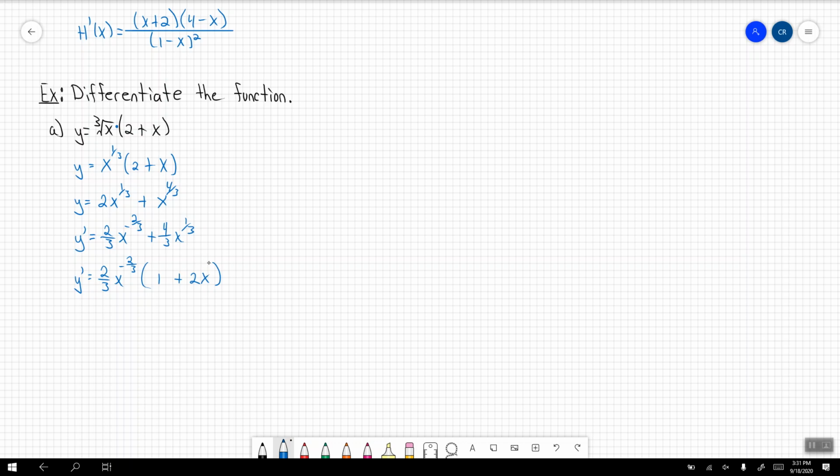So what number added to negative 2/3 gets us 1/3? Well, that's x to the power of 1. And now our final derivative, y prime, stays as 2 multiplied by 1 plus 2x, all divided by 3 times x to the power of 2/3.